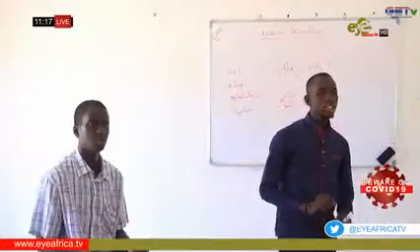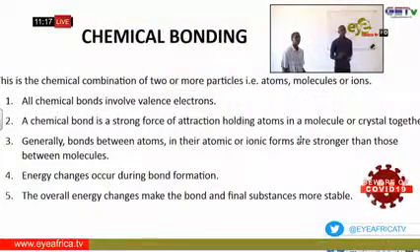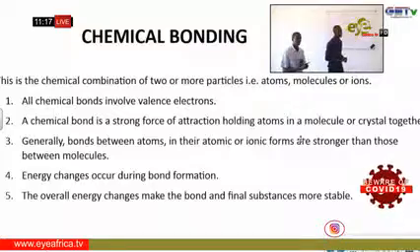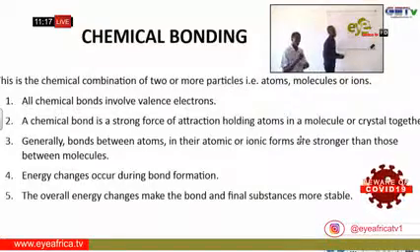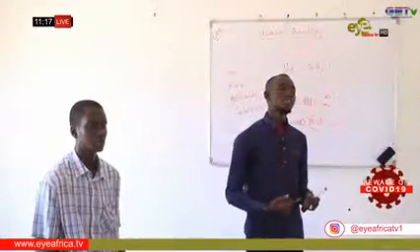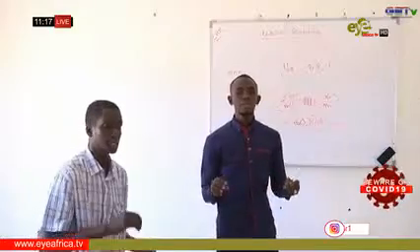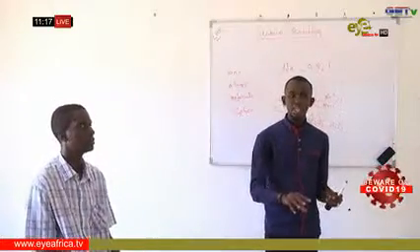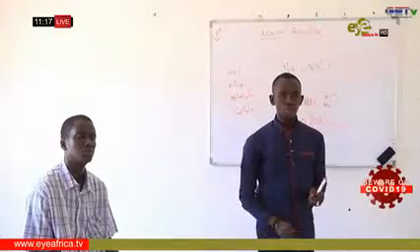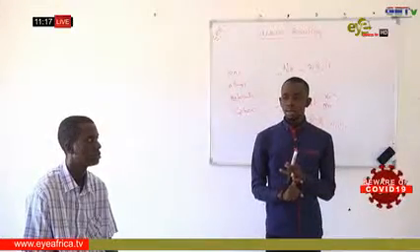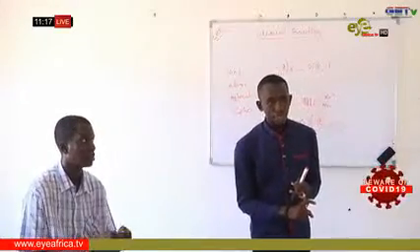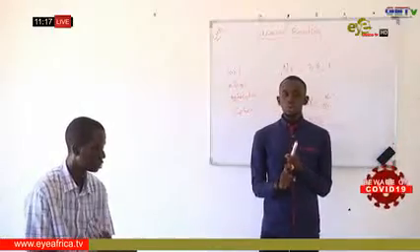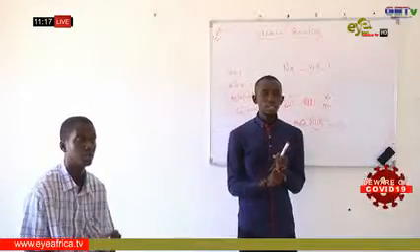Now, energy changes occur during bond formation. Yes, we have energy changes. And also, whenever a chemical reaction is taking place, we have what is called bond breaking and also bond formation. When there is bond breaking, you must have energy change. When there is bond formation, you also have energy change.